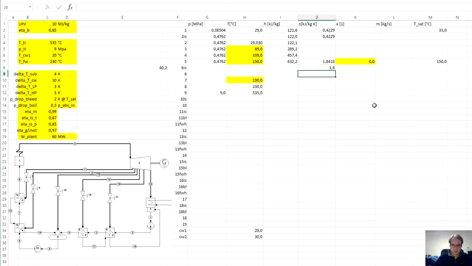Now for the isentropic change, the entropy stays, but we need the pressure. Again, we have specified pressure at the turbine inlet, and we have specified pressure loss of the boiler. So we will use the value of the pressure at the outlet of the boiler and divide it by, where do we have it?